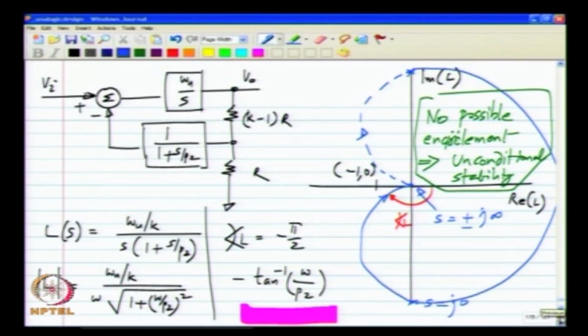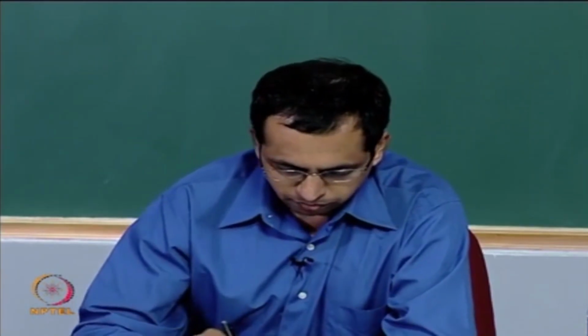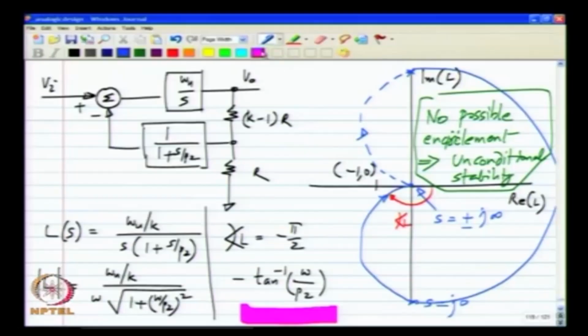Now before I go there, just one point, that basically this -1 0 is the danger point, so to speak, right. You do not want to enclose it. Now if you want to be absolutely sure that the system is stable, if you want to leave some margin, what it means is you should not even come close to -1 0, right. Okay.